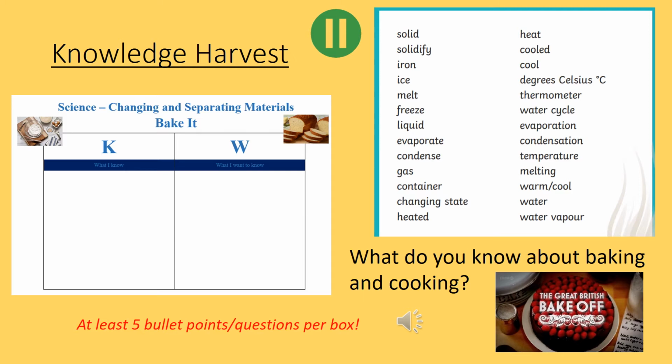Think back to your chocolate topic in Year 4. So some of these might spark some ideas. I would like you please to write at least 5 bullet points for what I know and then at least 5 questions for what you want to know. Obviously you may do many more than that. Pause the video while you complete your knowledge harvest for this topic.